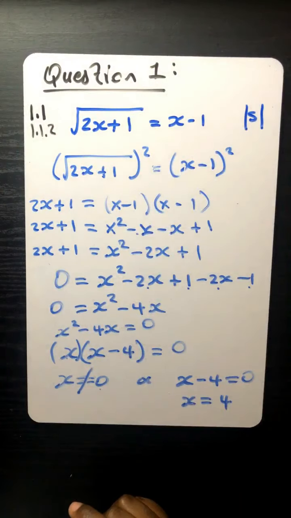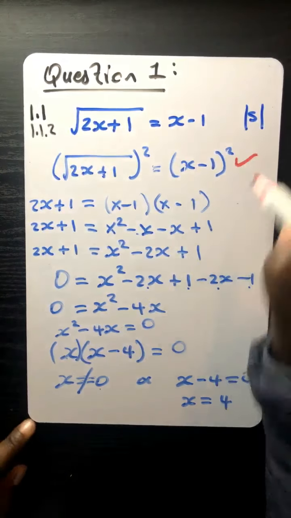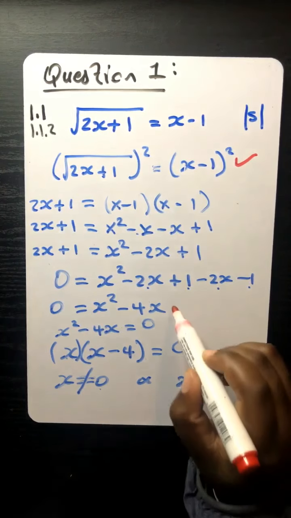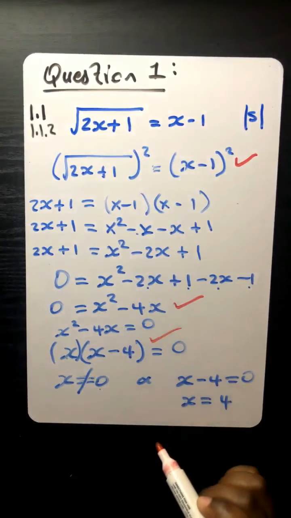So ladies and gentlemen, quickly, let's check exactly how you score your marks for that. For you to square both sides, I'm going to give you a mark. For you to rewrite that in the standard form, I'm going to give you a mark. For you to get your factors correct, I am going to give you a mark for that.